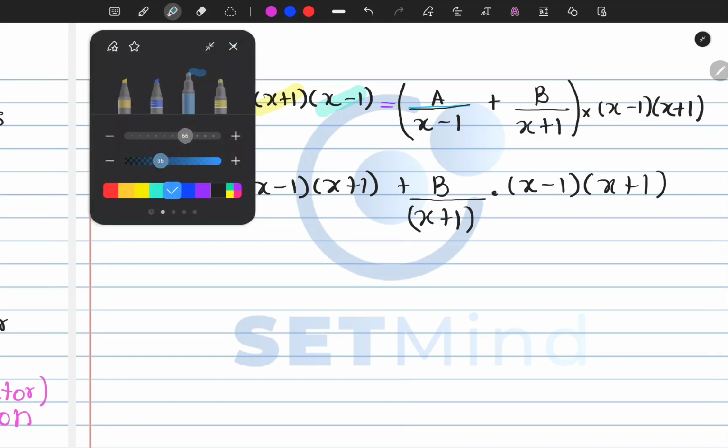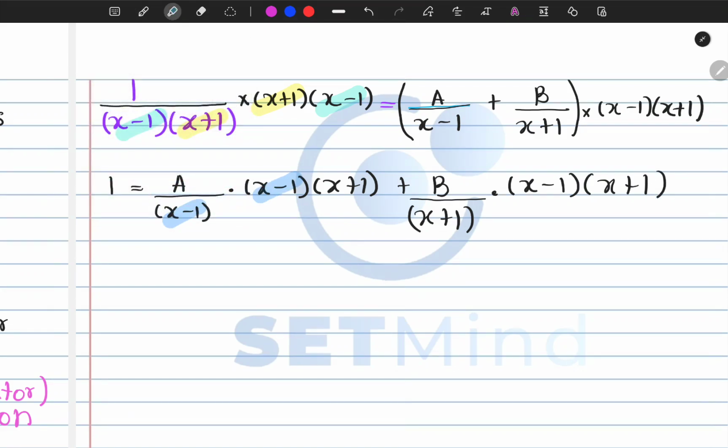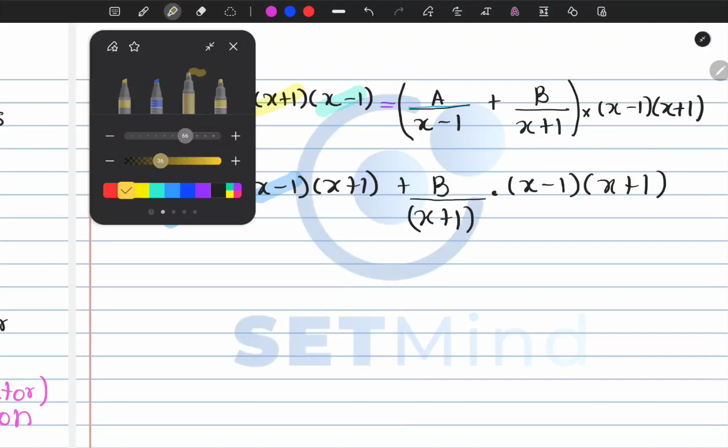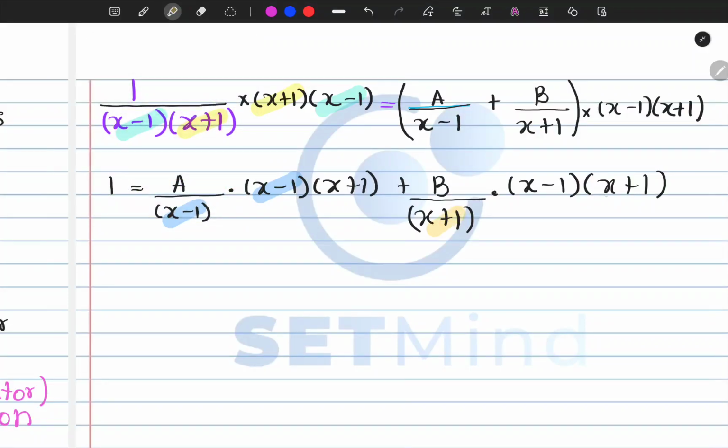And if you look at what is going to happen, x minus 1 and x minus 1 will cancel for that, and x plus 1 and x plus 1 will cancel for that portion. So essentially what we are left with is a into x minus 1 plus b into x plus 1.